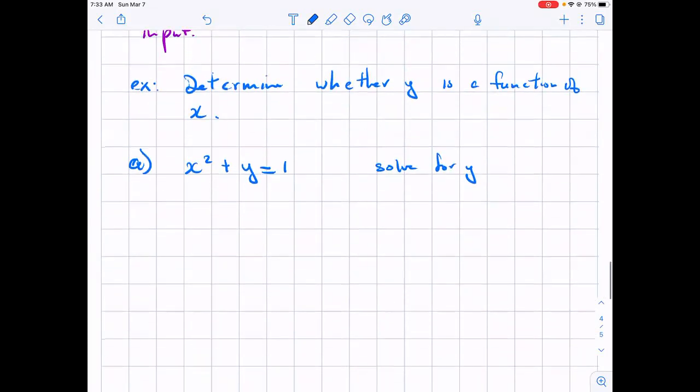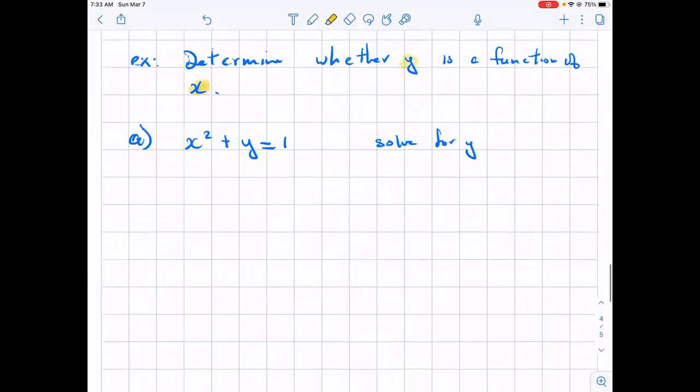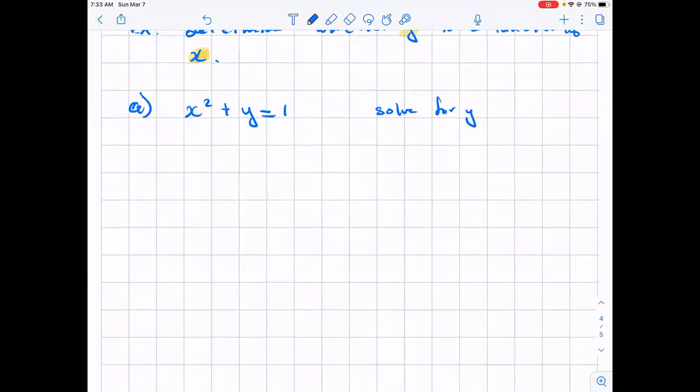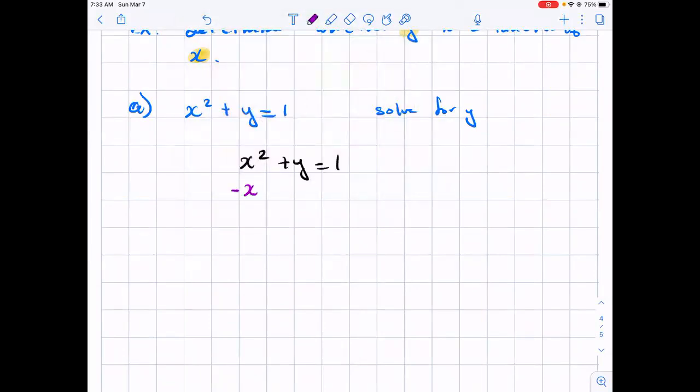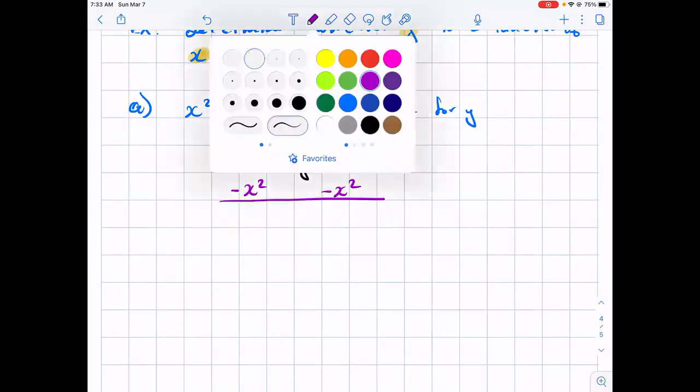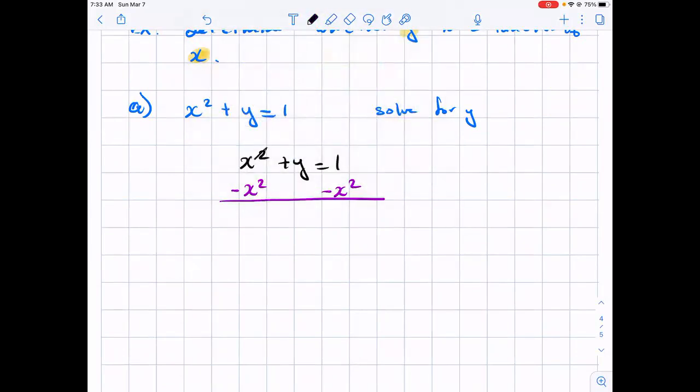And we're doing this to see if y is a function of x. Okay. So if we have x squared plus y equals 1, then we'll minus x squared on both sides. And if we do this, the plus x squared and minus x squared will cancel. y is equal to 1 minus x squared.